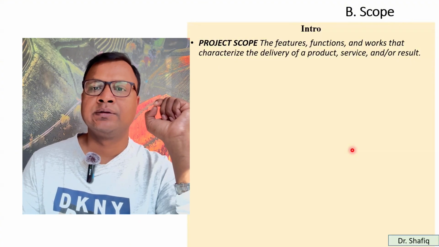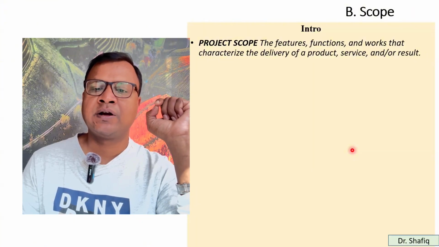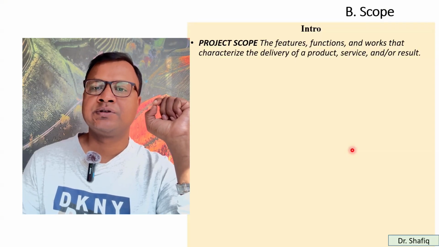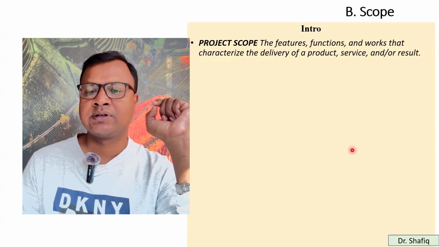Together, this is one big project. If we can complete all the features, functions, and work, like training, making the module, and building construction, this means the project is done. So project scope is the features, functions, and work that characterize the delivery of a product, service, or result.